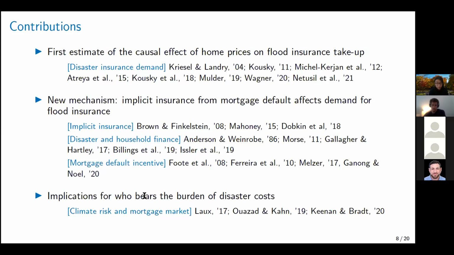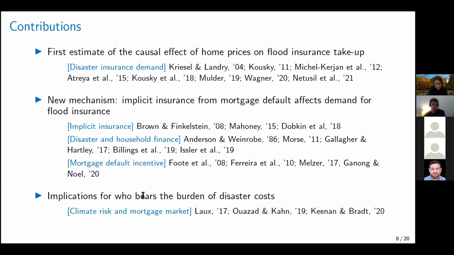In terms of contributions, our paper provides, to the best of our knowledge, the first estimate of the causal effect of home prices on flood insurance take-up. This is relative to the literature which has looked into this relationship, but mostly provides correlational statistics on it.